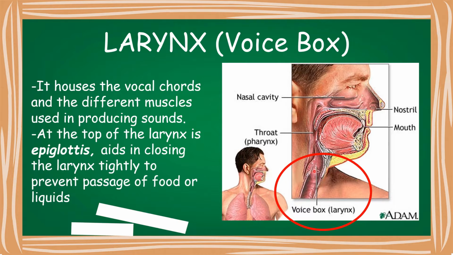So, at the top of the larynx is the epiglottis. The epiglottis prevents food from passing through our larynx, because the only thing that could pass here is air, because the air will vibrate our vocal cords in order for us to produce sounds. So to prevent food from going inside the larynx, there is what we call the epiglottis. This is how the epiglottis works at the top of our larynx.